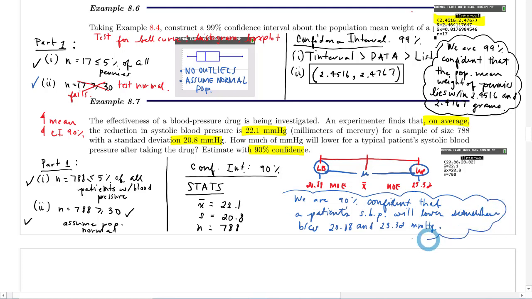And so they're just saying, if the patients take this drug that have high blood pressure, we are 90% confident that the patient's blood pressure will lower by 20.88 and 23.32 millimeters of mercury.